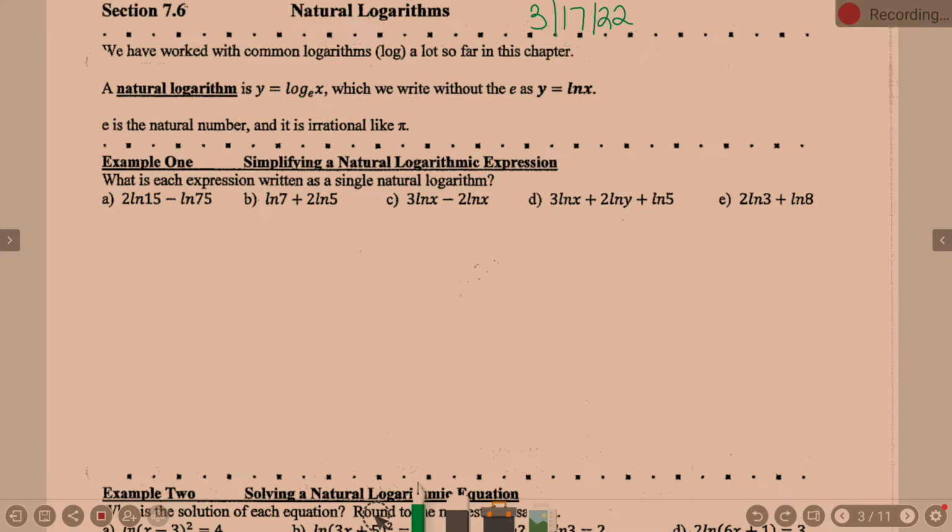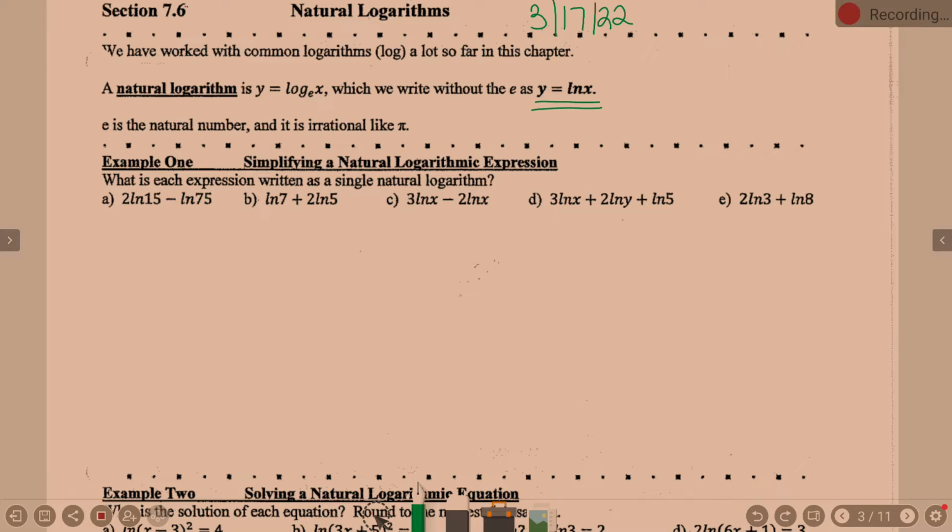Because it is log base e, and because it's a special log, we have a specific way we write it, and that is ln x, with ln representing natural log. Now, you also have an ln button on your calculator, and that's the button we're going to be using today, instead of the log button. Now, e is referred to as the natural number.